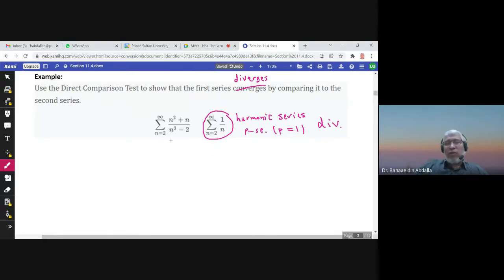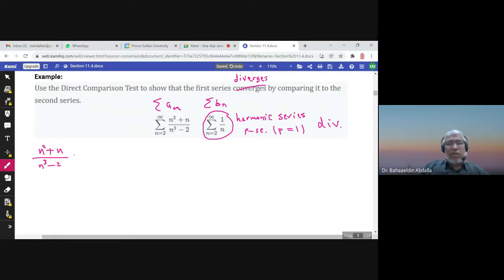So if we want to compare summation an with summation bn, we know that summation bn is divergent. So we have to prove that an is greater than bn, because greater than divergent is divergent. So let us start comparing an.